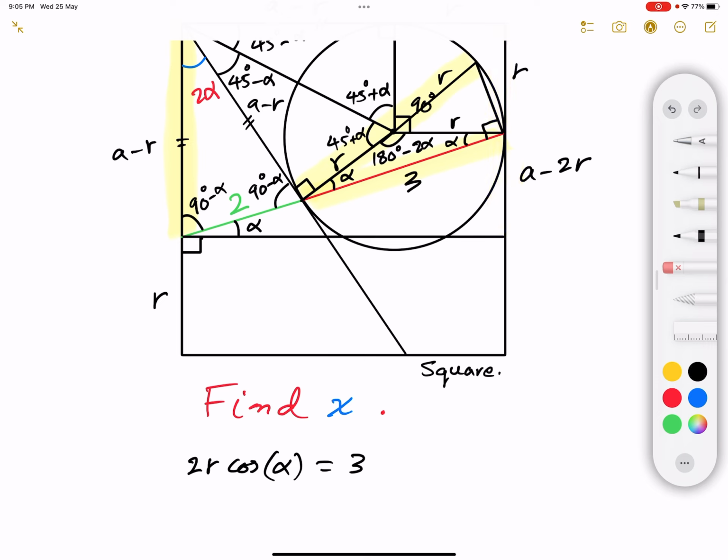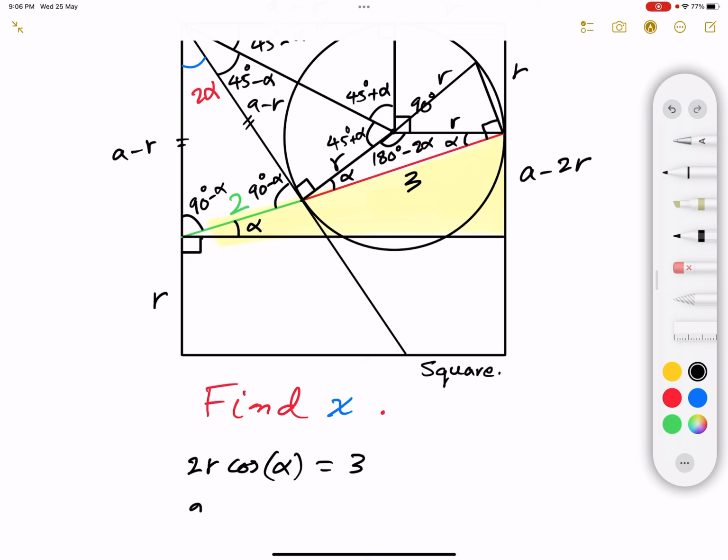Let me again erase all the highlights. We are going to use this triangle here to calculate anything that relates to alpha. So cosine alpha is basically going to be A divided by 5.